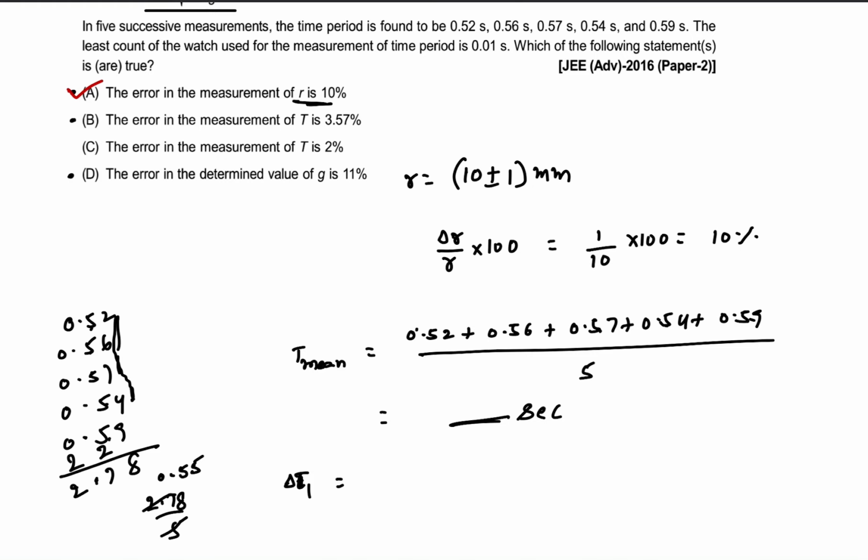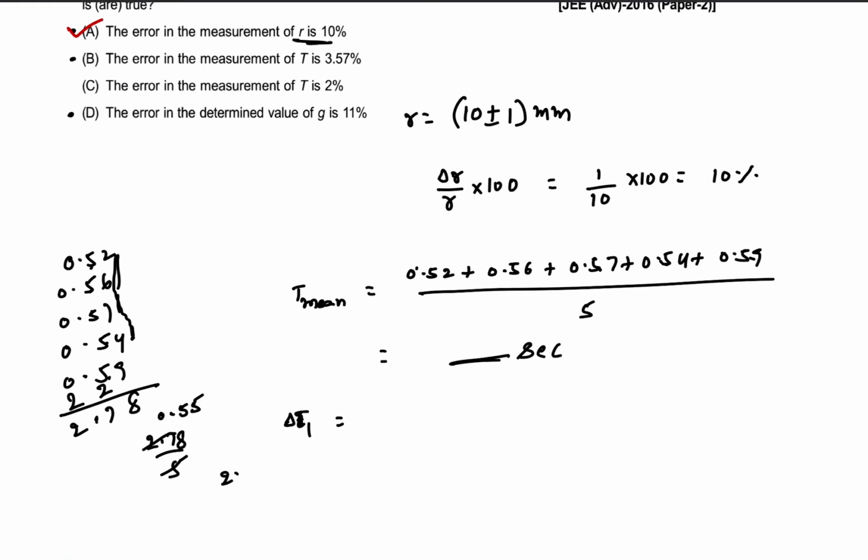So you can get 0.5, and 28 is there, again 5 times, so 0.55 you will get. 2.78 divided by 5 is how much? 0.556 is there.